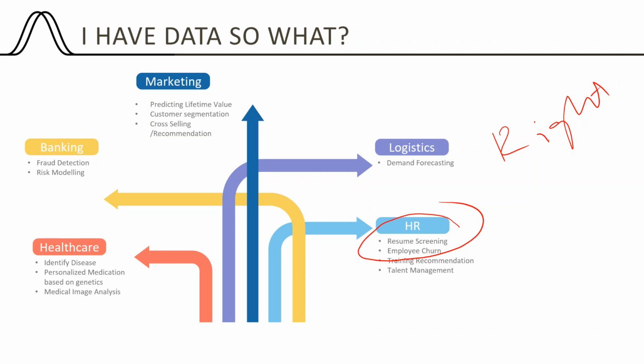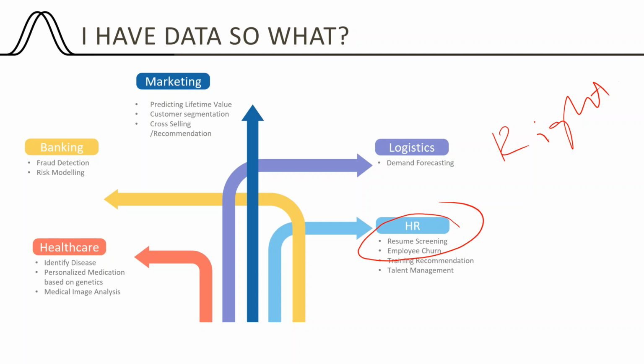There is one famous bank in Singapore, DBS. I think they have a branch in India also. They are using machine learning in HR while hiring people, even retrenching people, or even retaining people. So what happens is they collect all the resumes in one place, and they rank the resumes based on the requirements.